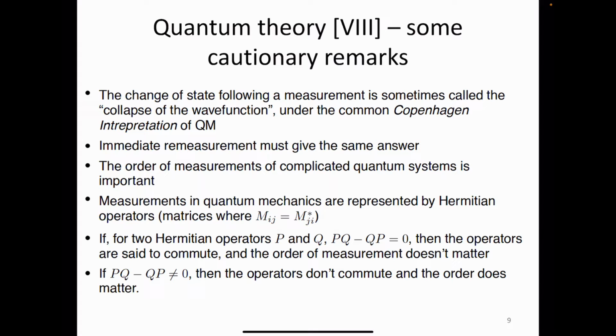The measurements in quantum mechanics are represented by Hermitian operators. So if we look at that, you have matrices, and here we have the matrix M sub ij, which equals the complex conjugate of the transpose, M sub ji.